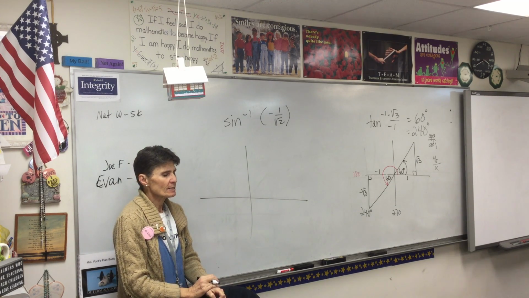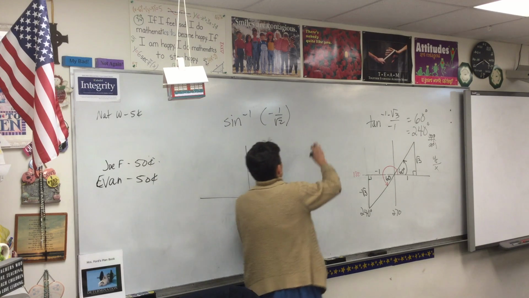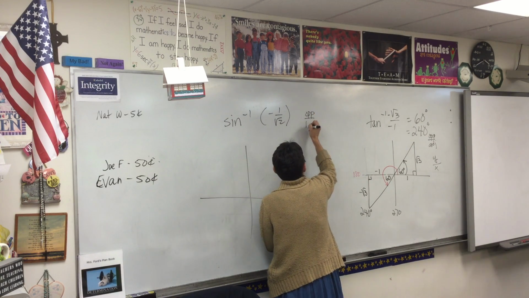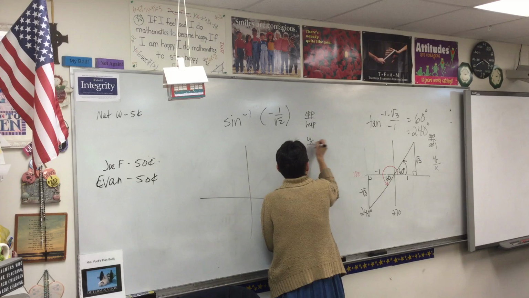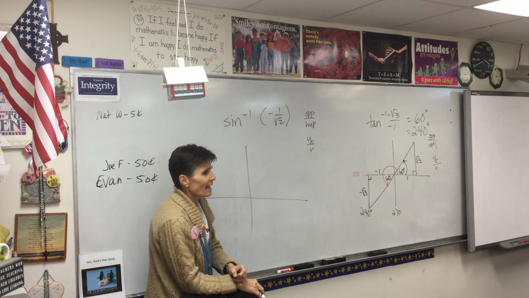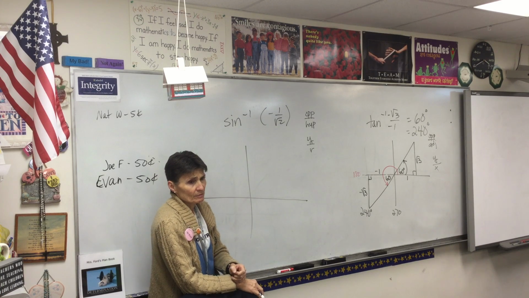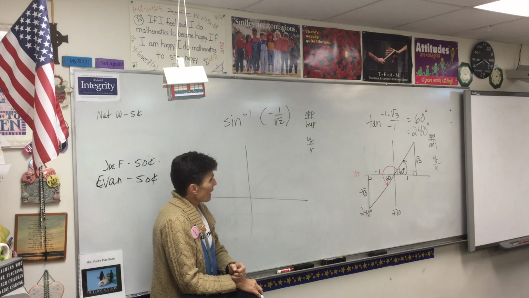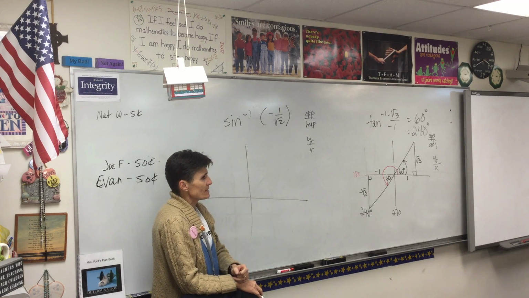So I want you to stop and think for a second. Sine is opposite over hypotenuse, or y over r. If that has to be negative, where could it happen? Where could it be that y is negative?